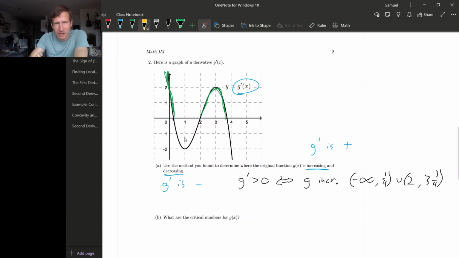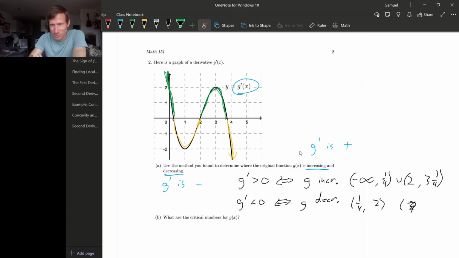Now for decreasing, that's just where g prime is negative. So that's from here to here, and then from here all the way out to the right. So g prime is negative where g is decreasing, and that's from about a quarter up to 2, and then from 3 3/4 out to plus infinity, and a union there.